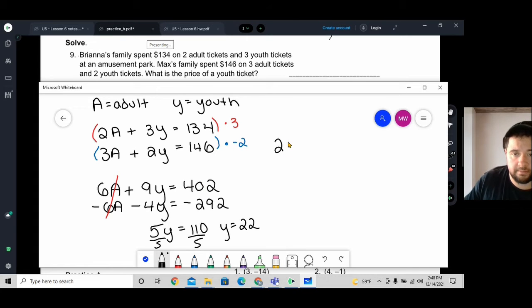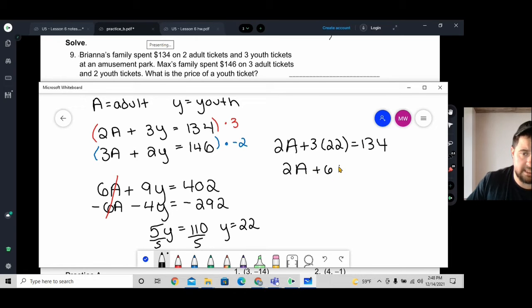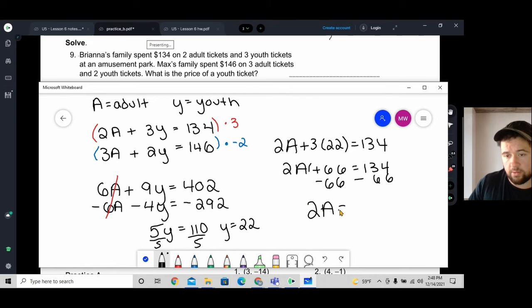So 2A plus 3 times 22 equals 134. 2A plus 66 equals 134. Minus 66 from both sides. 134 minus 66 is going to be 68. So 2A equals 68. That means A equals 34.